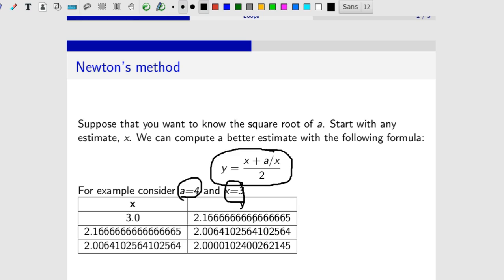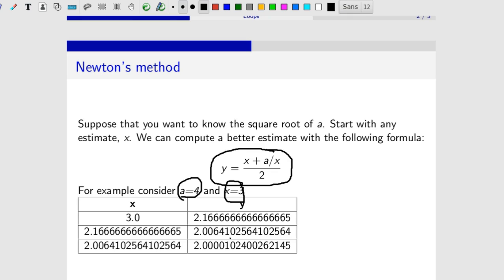Next, we will be taking x equal to 2.166 and again calculating y equal to (x plus a by x) by 2, that is y equal to 2.0006 some value.